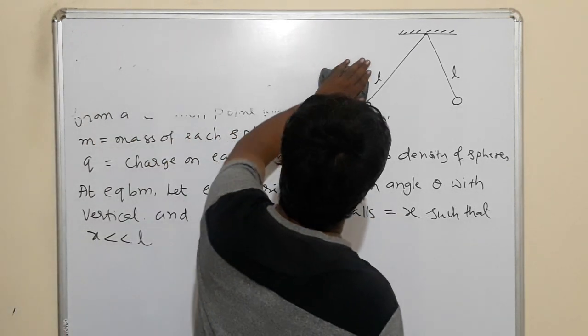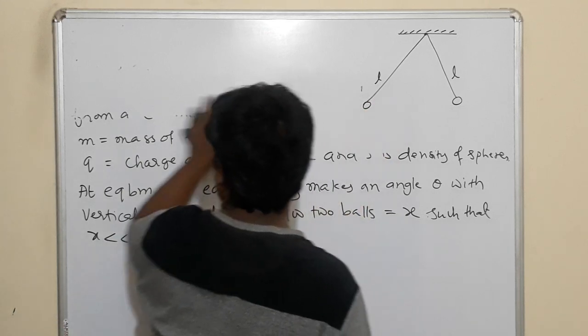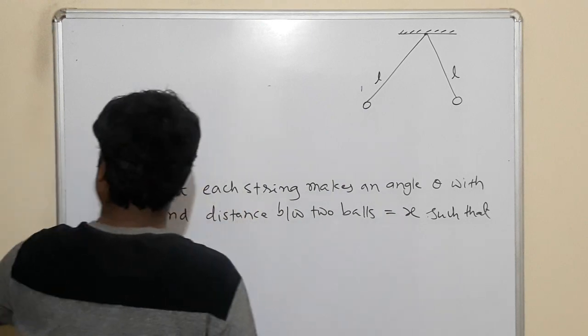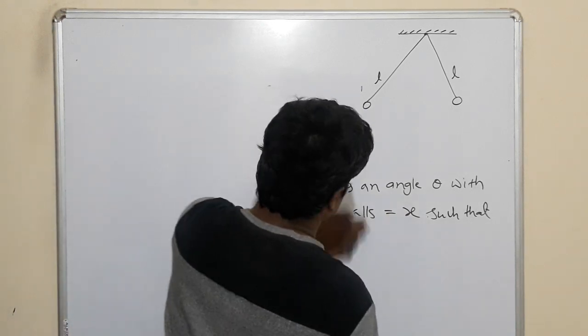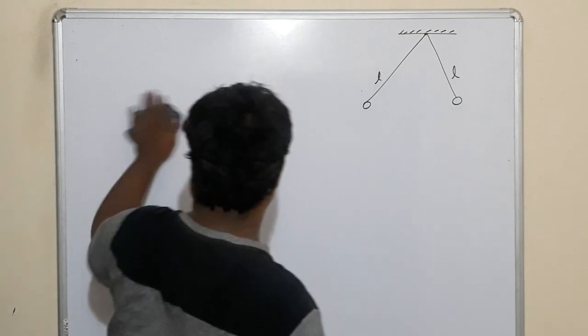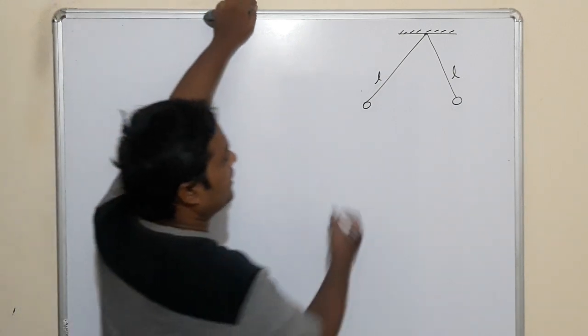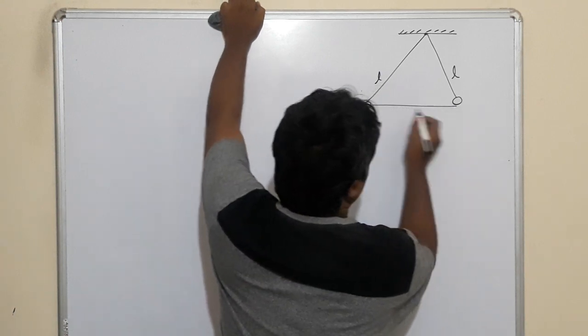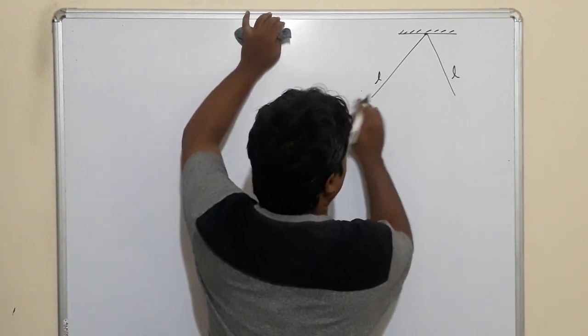Mass of each sphere. L is the length of each string. At the equilibrium, the distance between them is x. See, the distance between these two balls at equilibrium.